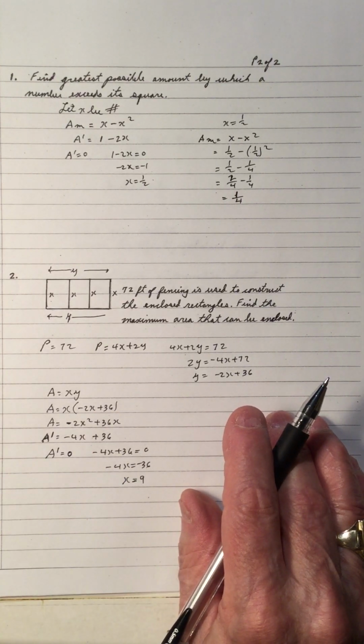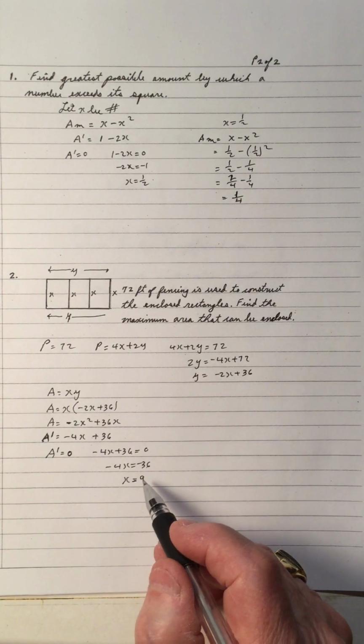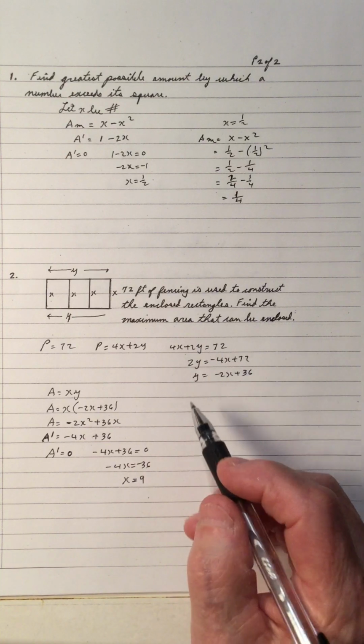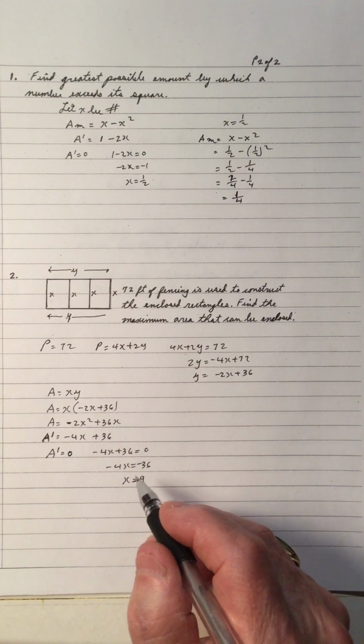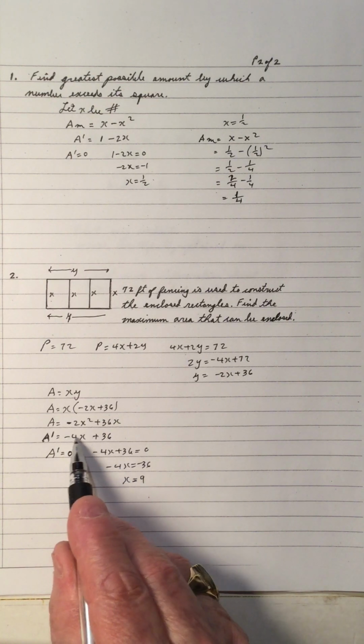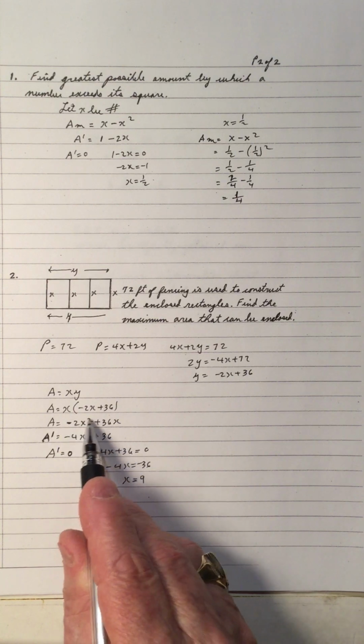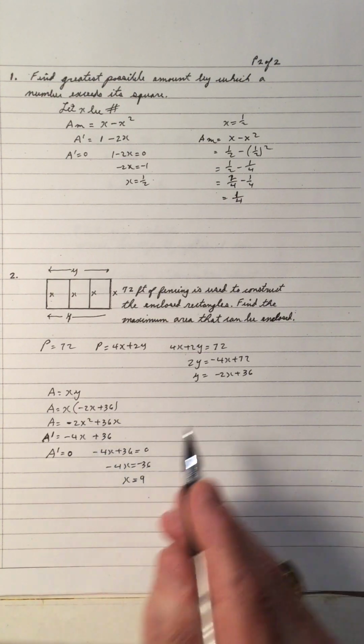That's the peak point, the maximum point. This is the vertex, the highest value point for this area.